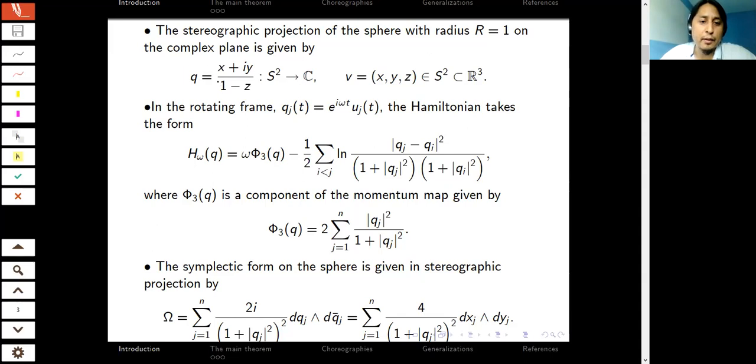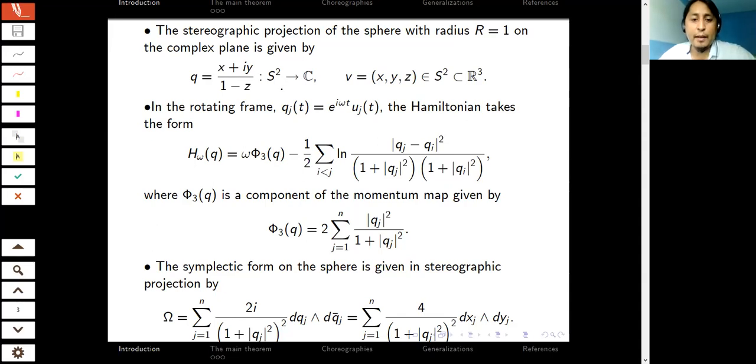The simple projection is: if you take x, y, z in the unitary sphere, then you send that map to x plus i y over 1 minus z, and that falls in the complex plane. That's just the classical stereographic projection. So now my coordinates are going to be complex coordinates for the spheres.